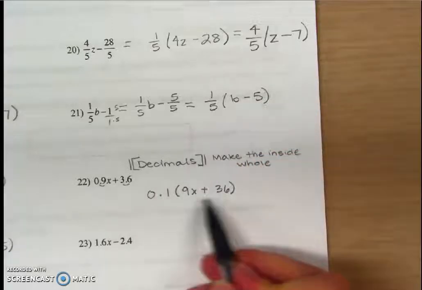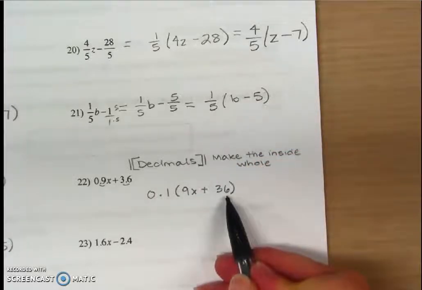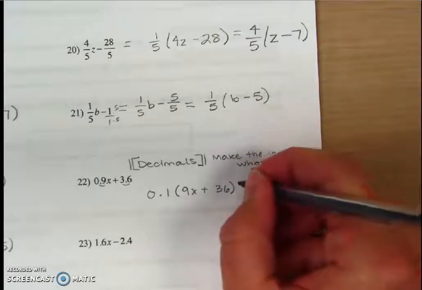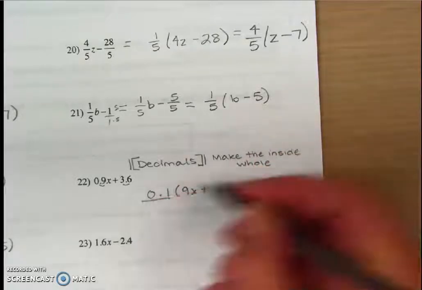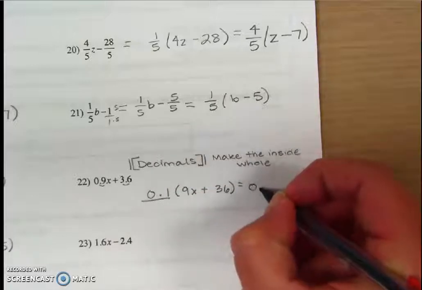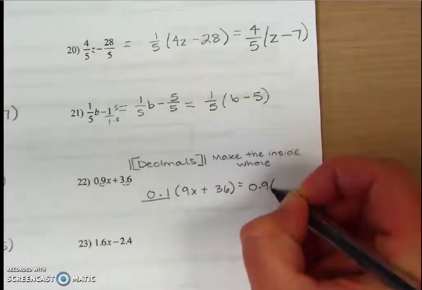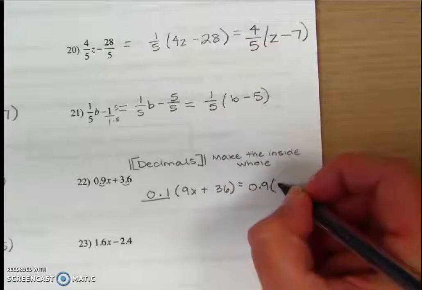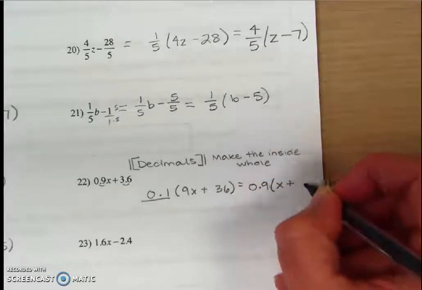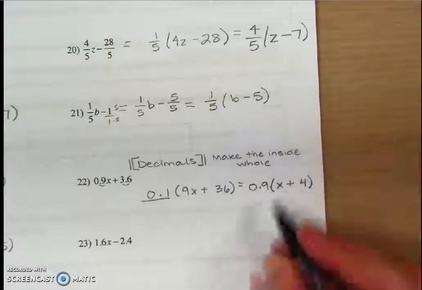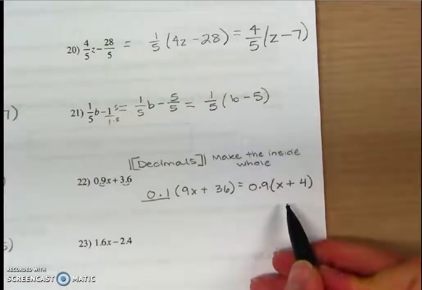Well, now that I have a 9 and a 36, I see that I could take out a 9. And so when I take out more numbers, I multiply by what's already out there. So I'm going to actually take out 0.9. And when I do that, this would become 1x plus, and 36 divided by 9 is 4. And so that would be fully worked down to its factors.